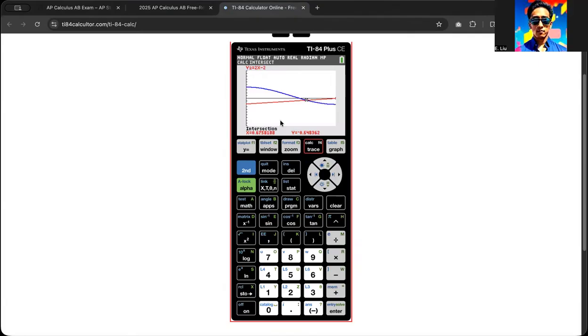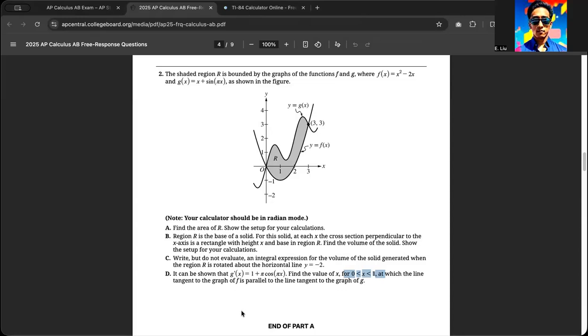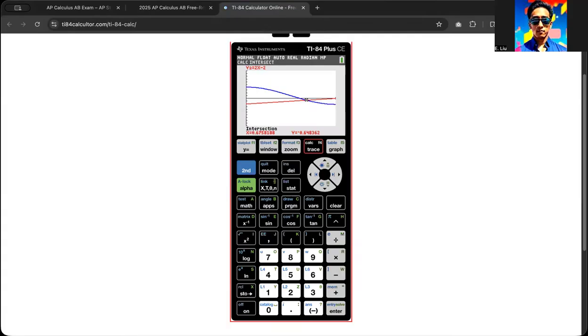We hit yes to guess. The intersection is at 0.6758. All right, 0.6758. That is where the value of x is going to have their tangent lines equal. Let's jump back into the answer key.